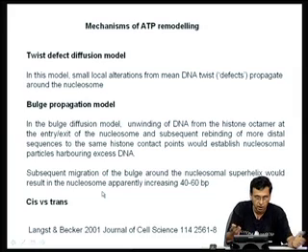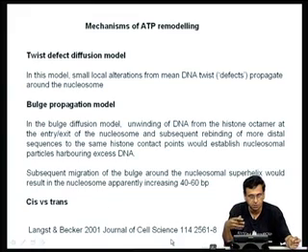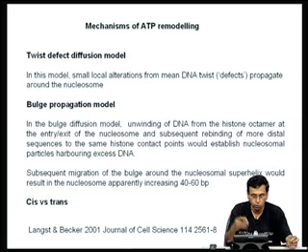For example, there is something called a twist defect diffusion model, where small local alterations from the mean twist defects propagate around the nucleosome. That is what this model talks about. It is very difficult to explain these models without figures, but I suggest you refer to this article in Journal of Cell Science, which very nicely describes all these models of ATP remodeling using very nice cartoons and figures.